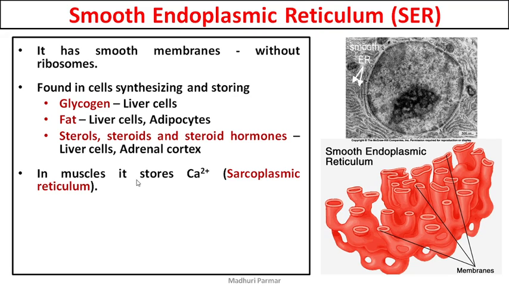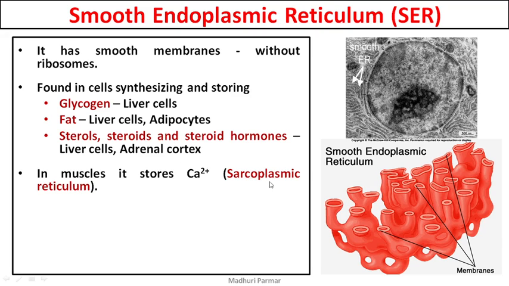In muscle cells, it stores calcium. When you study locomotion and movement, you will be studying muscle contraction. In muscle contraction, you know that calcium plays a very important role. So where is this calcium coming from?